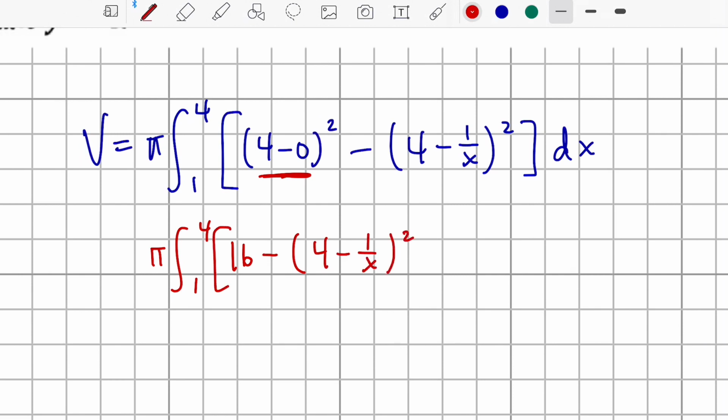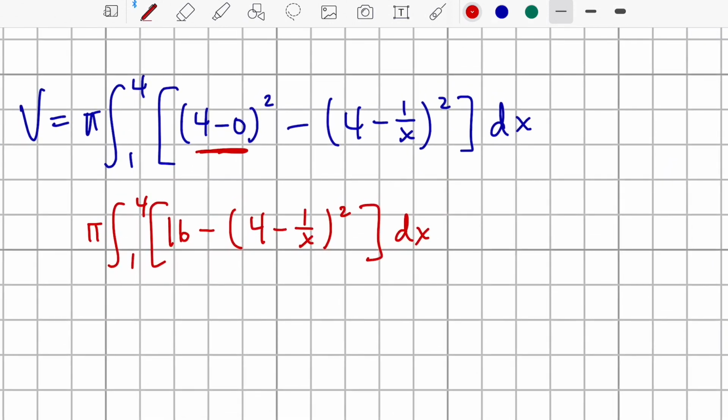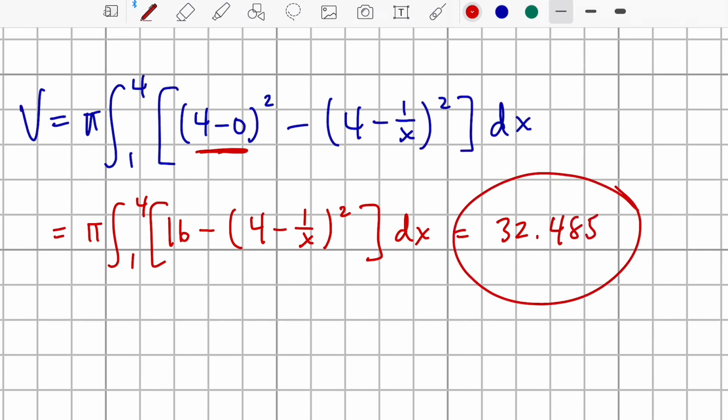We're going to square it. Everything with respect to x. So this is what I want you to plug into the calculator. So let's plug it in. And the calculator gives us 32.485 cubic units.